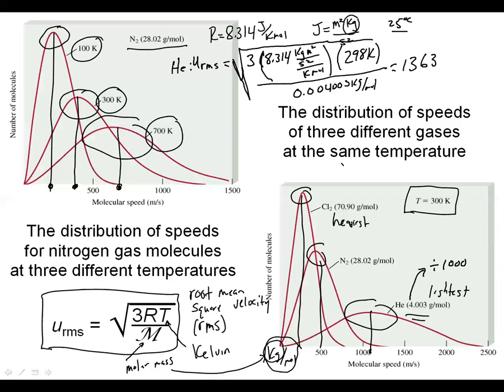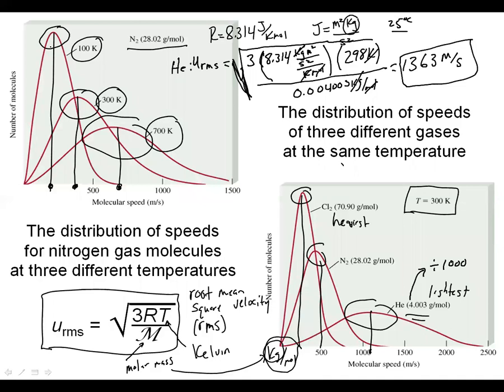The units that will be left will be meters per second. And that is because the kilograms down here will cancel. The moles will cancel. The Kelvin will cancel. We are left with meters squared over seconds squared, which then when we take the square root of it, will end up as meters per second. So that would be the root mean square velocity for helium, like we saw in that partial pressure problem.